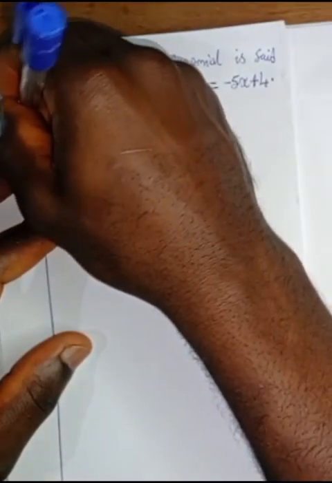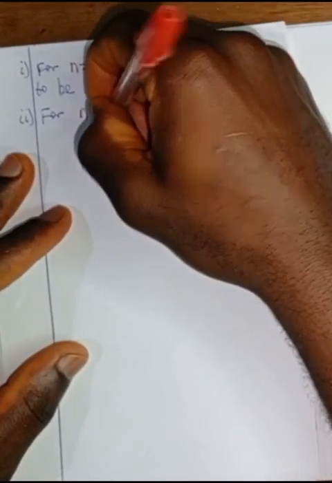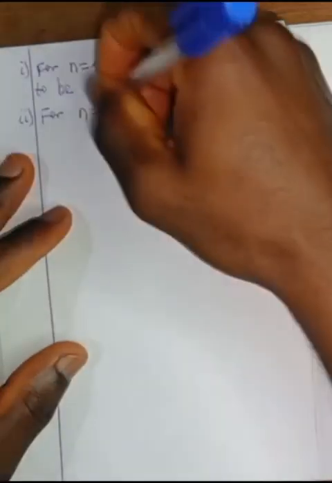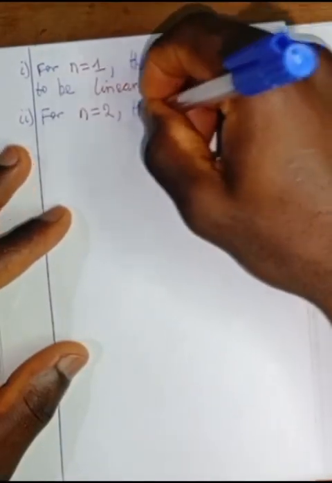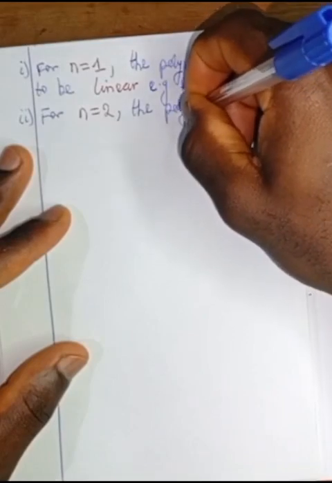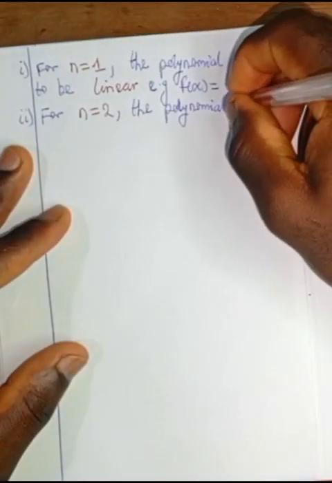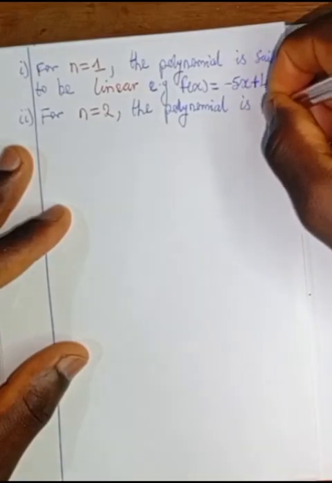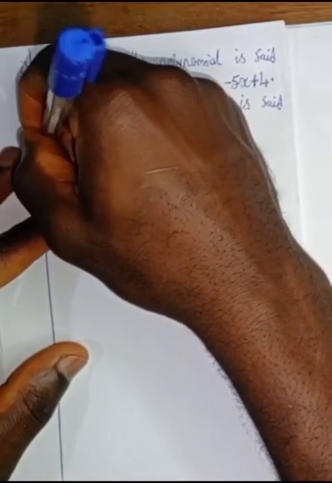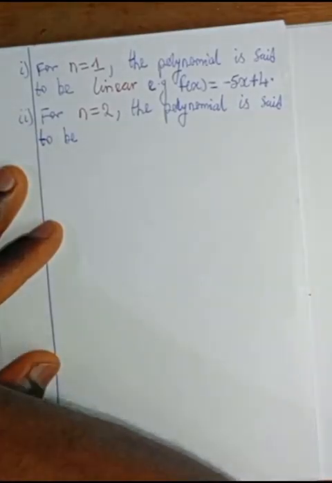We go to 2 for n equal to 2, the polynomial is said to be quadratic.